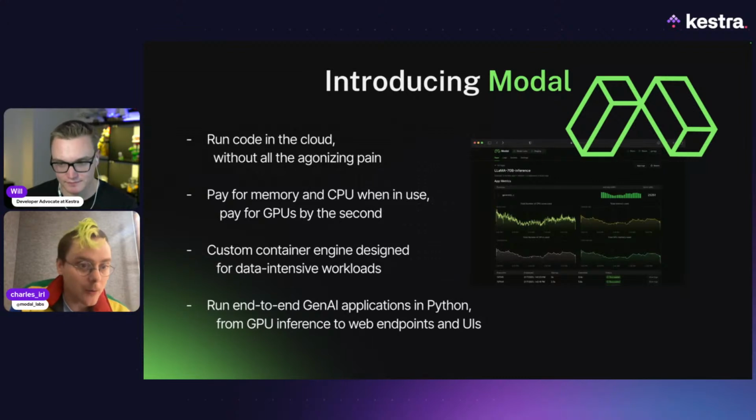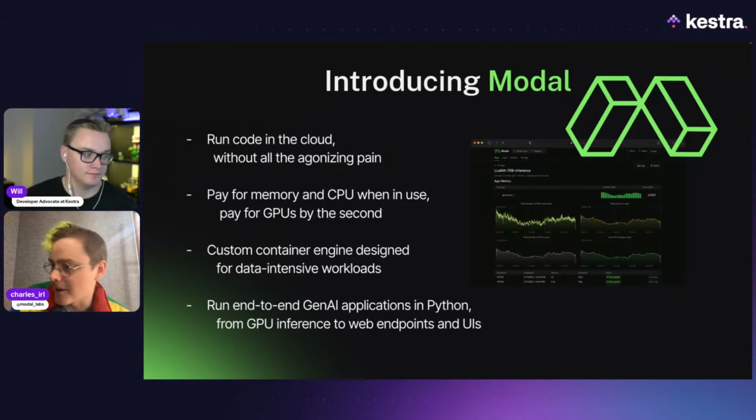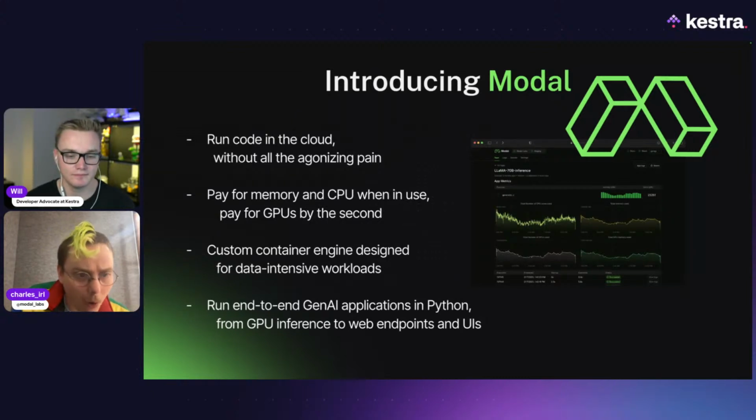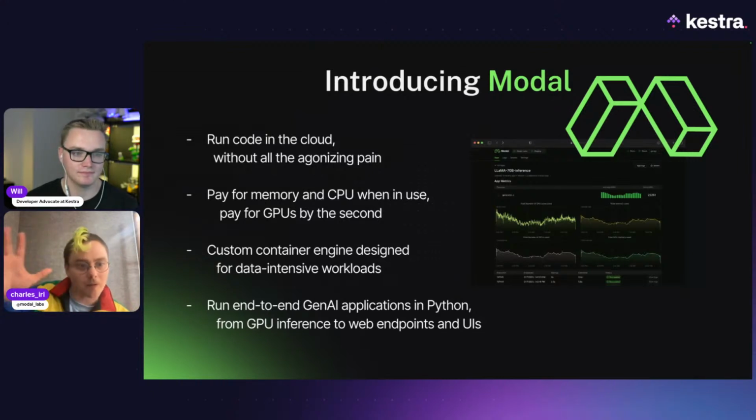You want to run it with GPUs, maybe because you're running a language model, or you've got a diffusion model that generates images, and you need GPUs to run that, but you don't want to pay for a GPU all the time. You certainly don't want a GPU per workflow that you want to run every single time. So Modal makes it possible to get a GPU for 1 second, or 10 seconds, or 50 GPUs for 30 seconds each. Just very flexible serverless infrastructure.